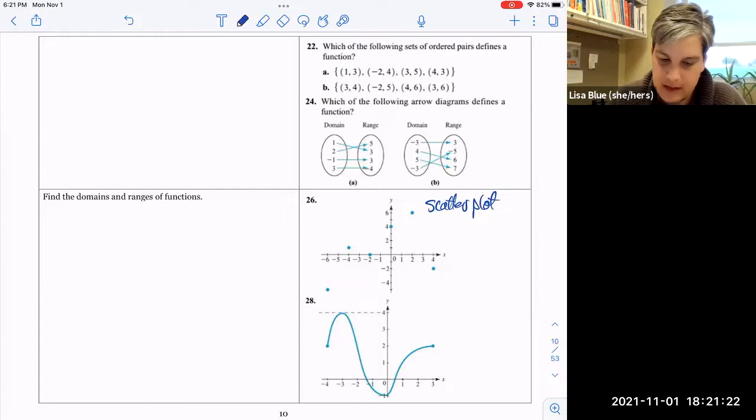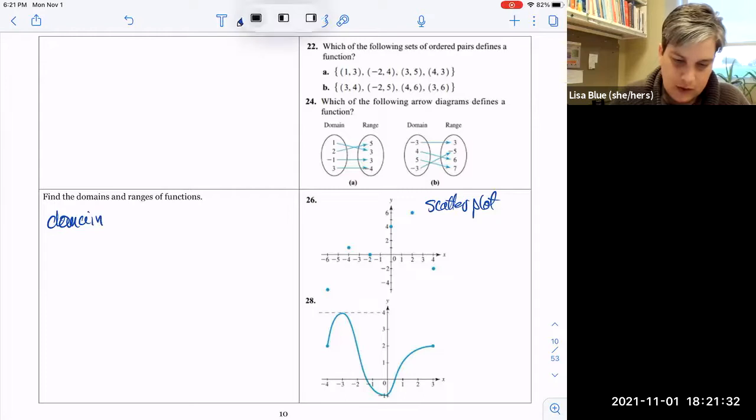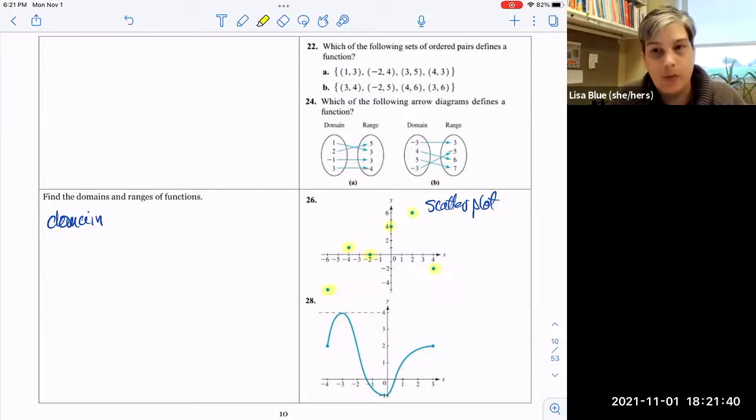All right, so when we have a scatter plot, such as in number 26, then we have to list the domain and do so by grabbing each of these pairs. And so we've got 1, 2, 3, 4, 5, 6 values to report on.